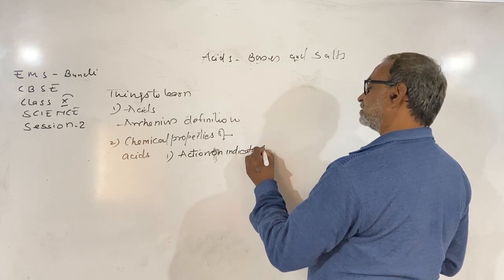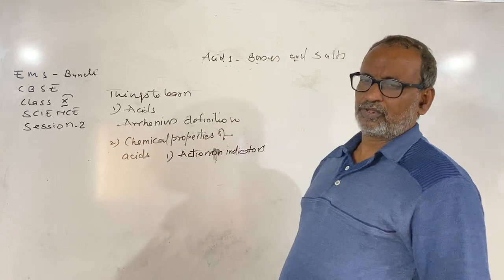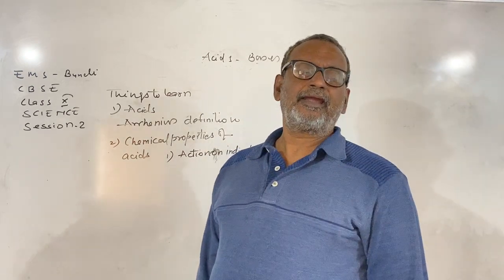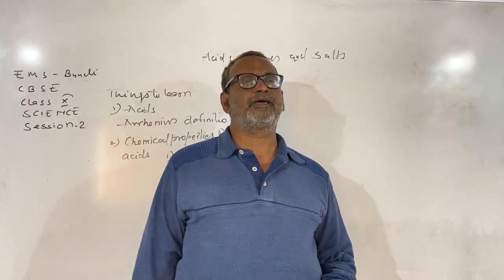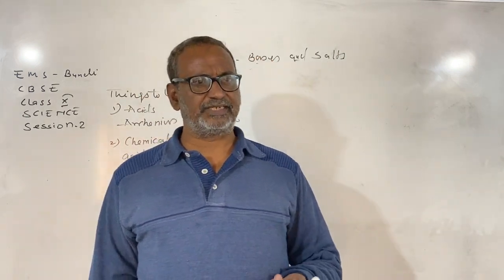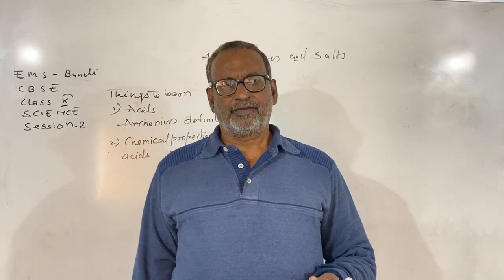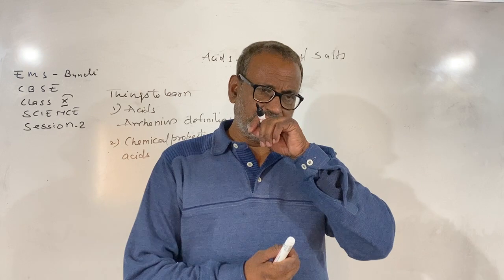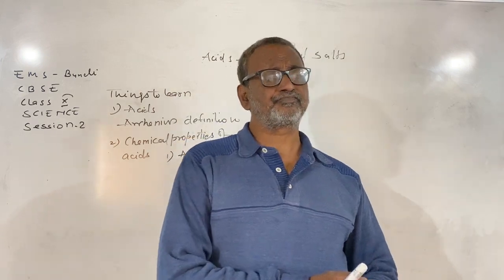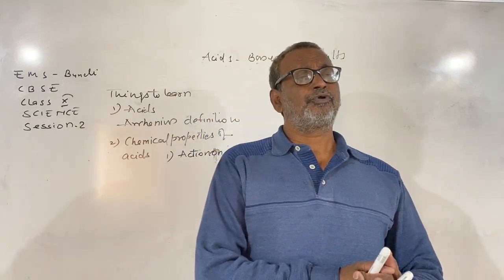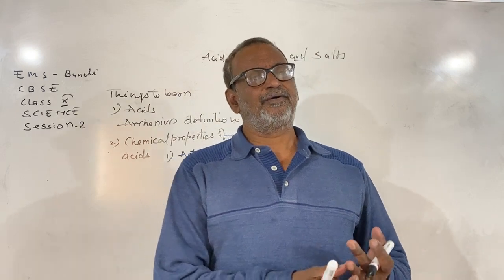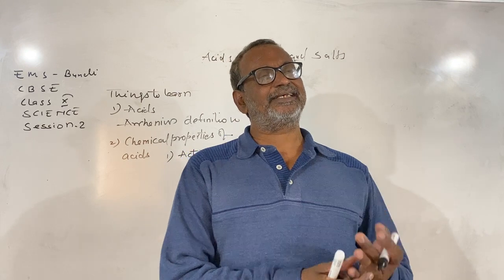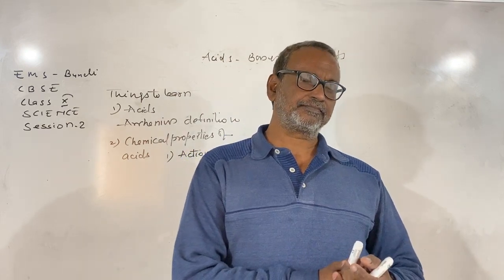Action on indicators. So the question arises, what are indicators? An indicator is a compound, a substance which changes its color to tell whether the given solution is an acid or a base.